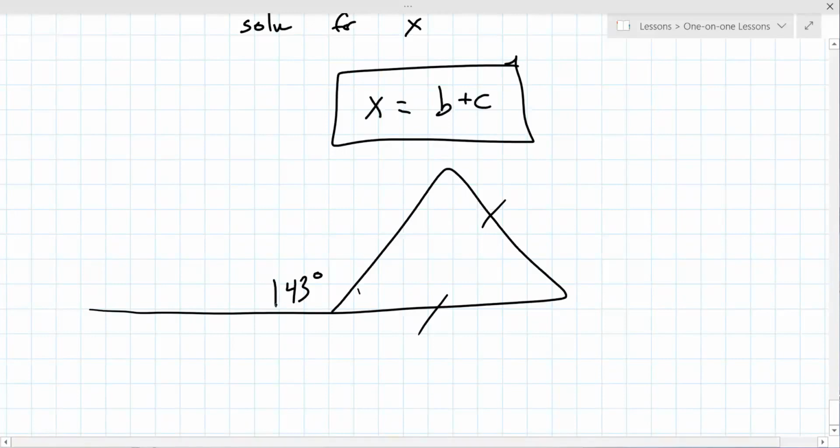Sorry, 143. So this is 37. And because this is an isosceles triangle, this one is also 37. Now I know you can add them up, but you can also say this angle 37 plus this angle over here, which we don't know, has to equal 143. It must be 106.